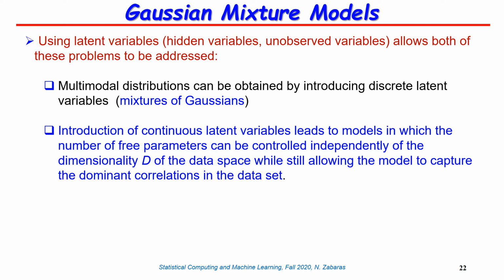So you can think of representing, in d dimensions, distributions in the form of some integral of p of x given z times p of z dz, where z is some latent variable and p of x given z is what we call a decoding distribution.